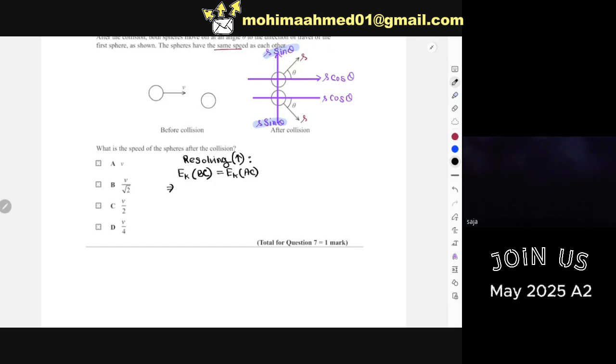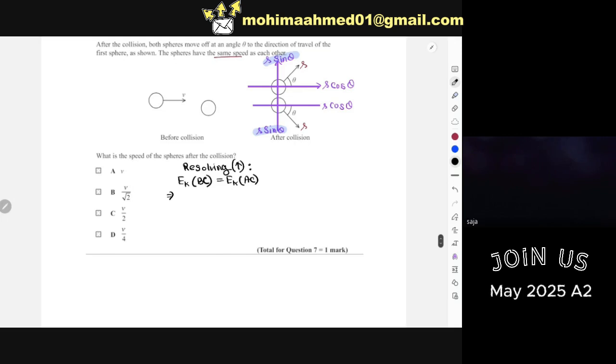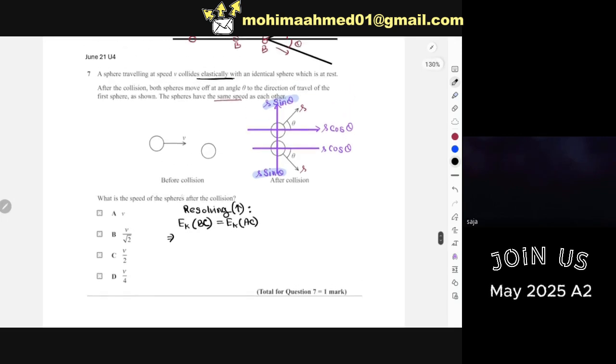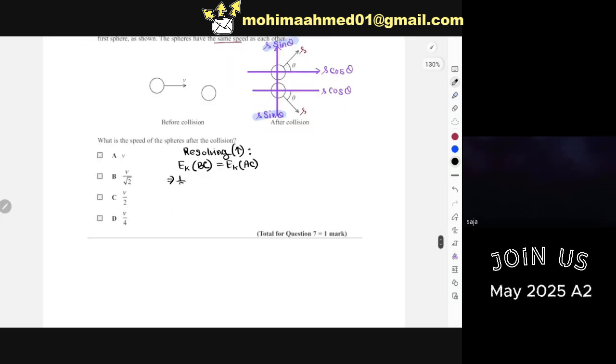Before collision, you have half m times 0, because in the vertical plane there was nothing there.